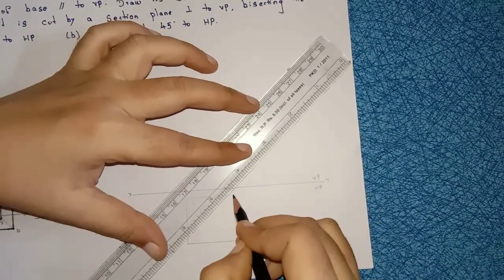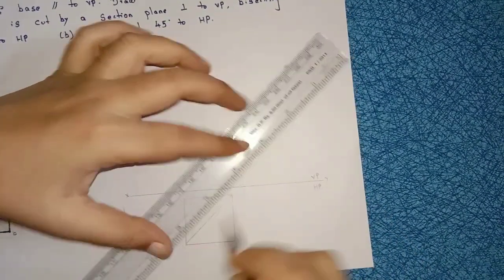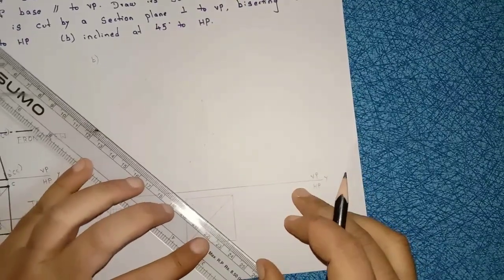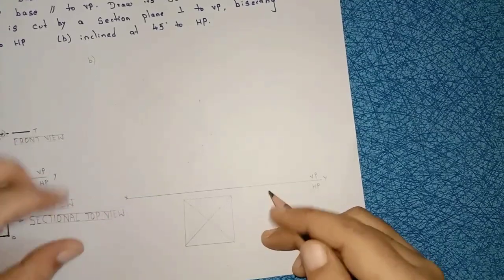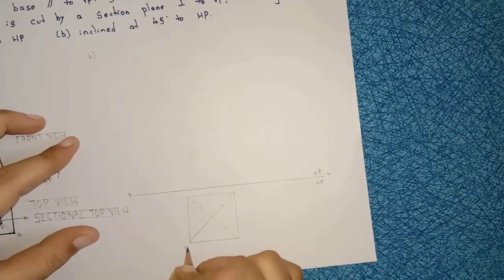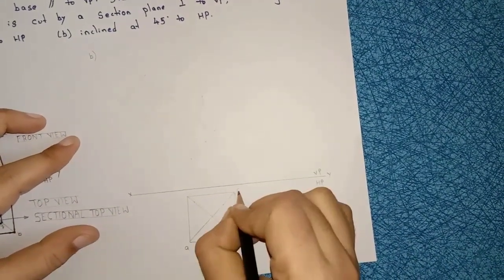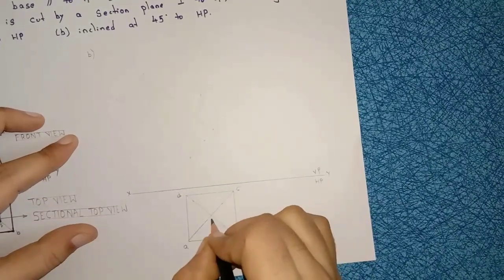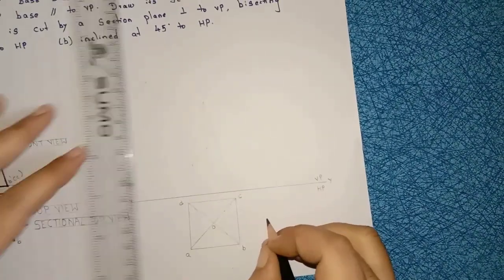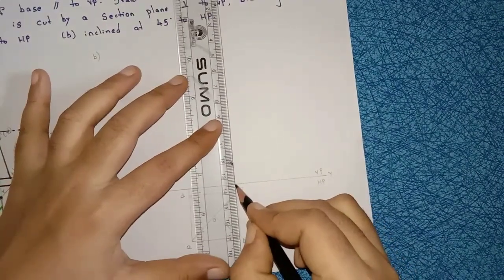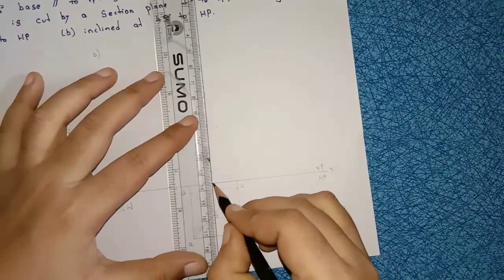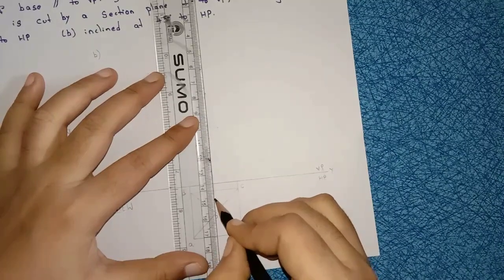Then next mark the midpoint for the square. Right, so name the square as A, B, C, D and the midpoint is O. Now project all these corners till the reference line. From O, draw the axis line.